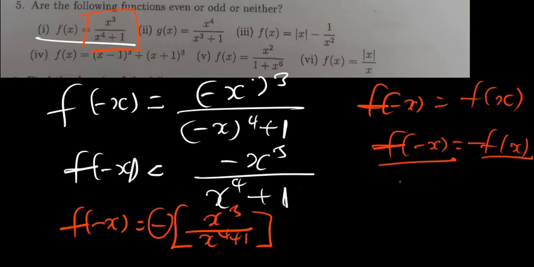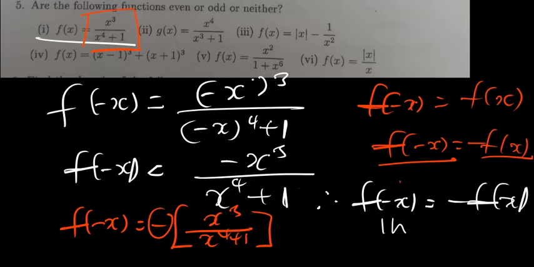That's why I say the first statement is important. Then I say, therefore, f of negative x is equal to negative f of x, so the function is odd. There is no debate about it, guys.